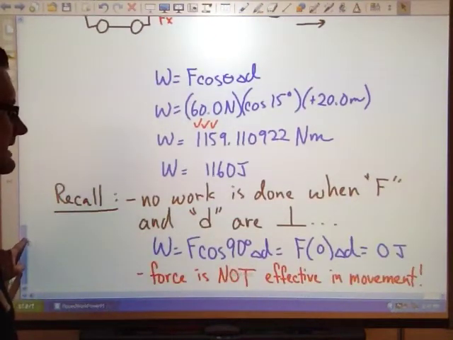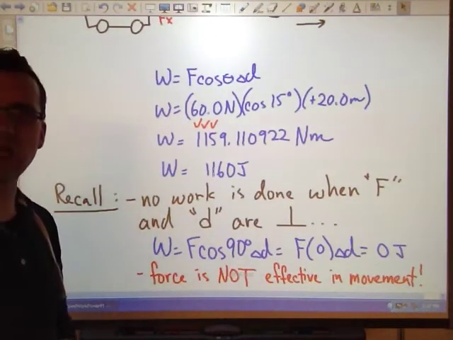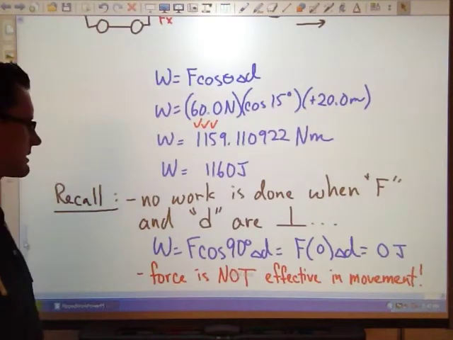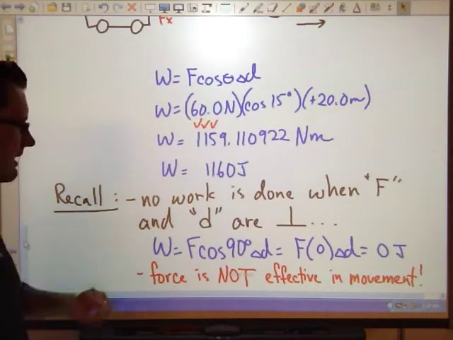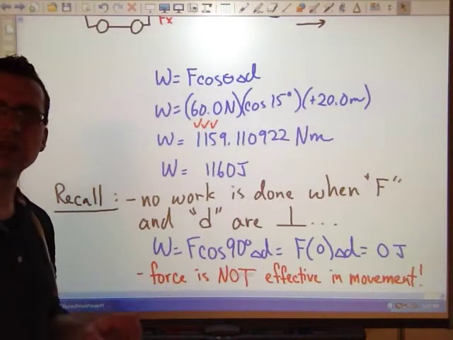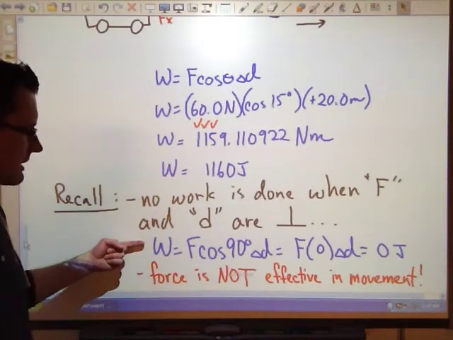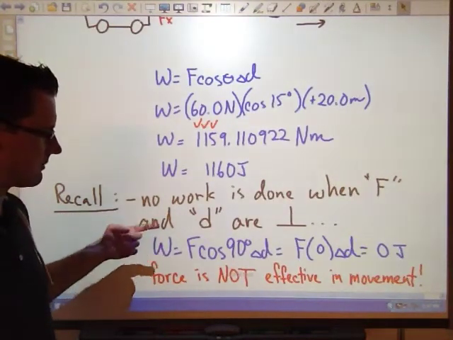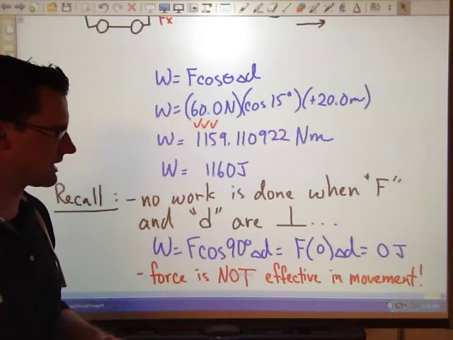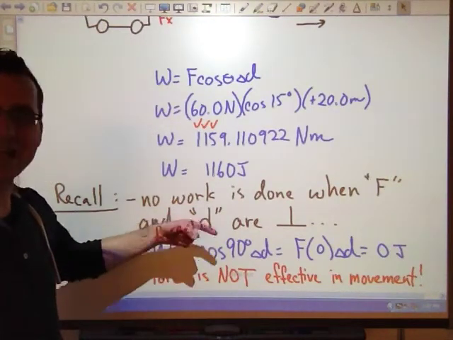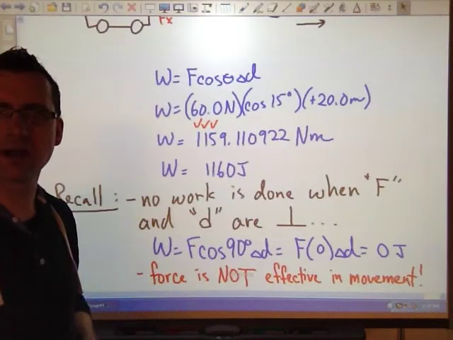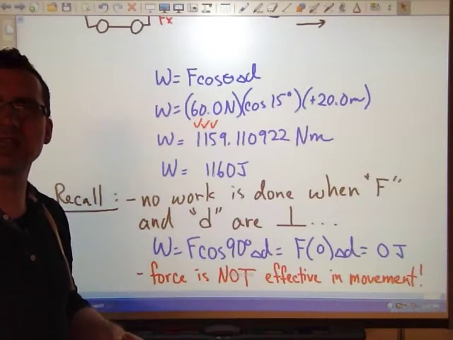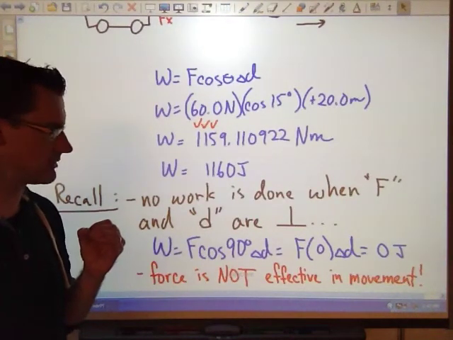Now, you may remember that first video, that weird scenario involving zero work done when you have force and displacement at right angles to each other. Here's the reasoning. No work is done when F and D are perpendicular, because using this equation, work is equal to F multiplied by cos theta multiplied by D. If we use 90 for that angle, the cosine of 90 is of course 0.